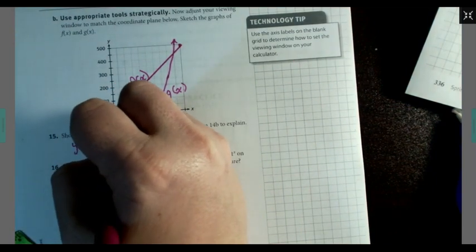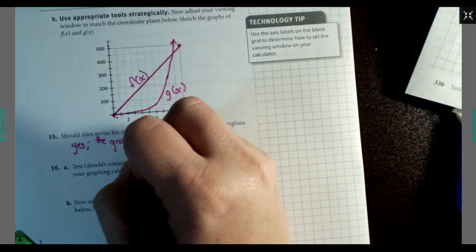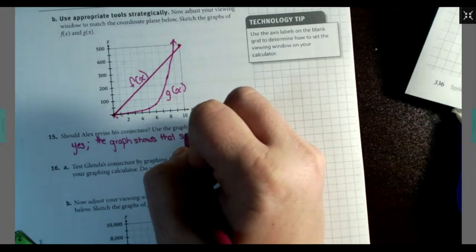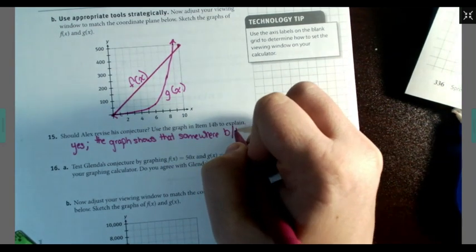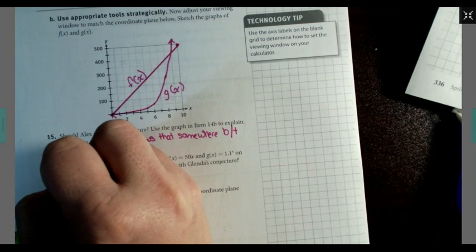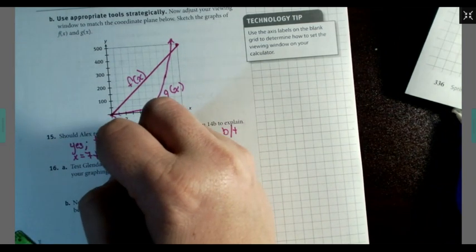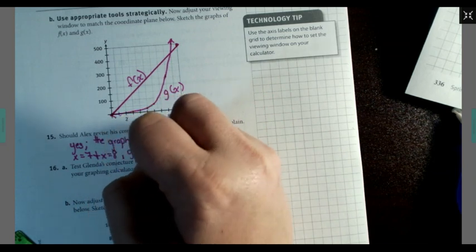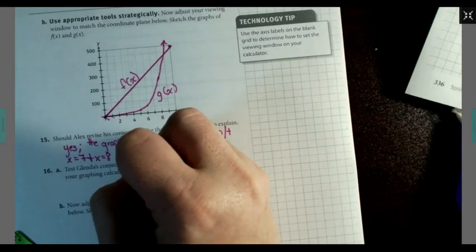The graph shows that somewhere between x equals 7 and x equals 8, g of x overtakes f of x.